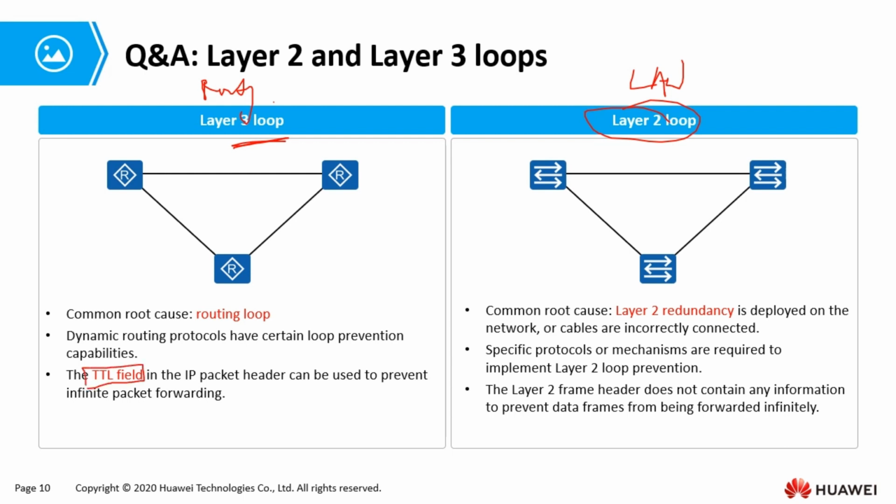When a packet moves from one router, one hop, to another hop, the TTL is decreased by 1. This prevents infinite packet forwarding loops in layer 3. But in layer 2, you have to apply STP and its variants, that means STP, RSTP or MSTP.